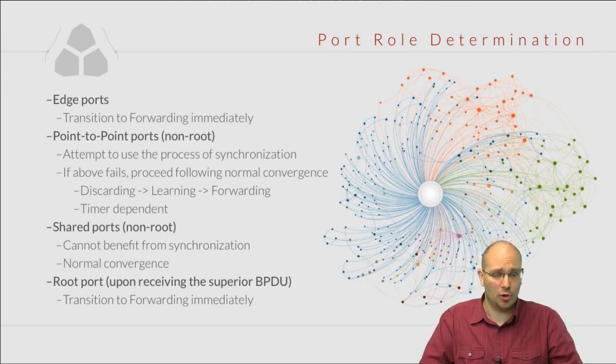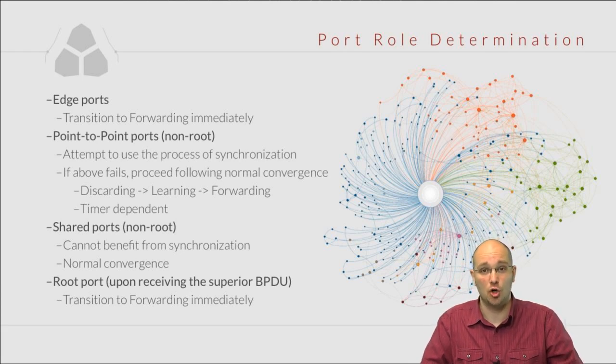The shared ports, again non-root shared ports, cannot benefit from the synchronization. Why? Because shared ports by definition may be connected to more than one device. And if that's so, we cannot very quickly negotiate with the other device using the synchronization process, which is designed to work only on point-to-point non-edge ports, and we have to go through the normal convergence.